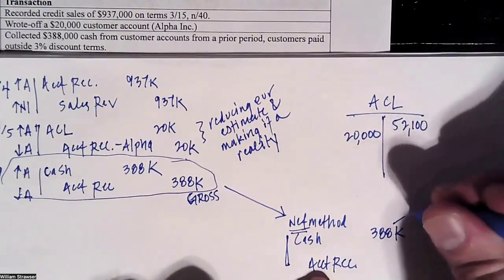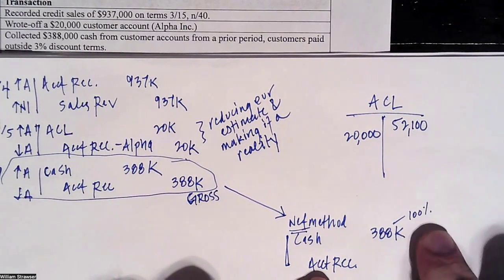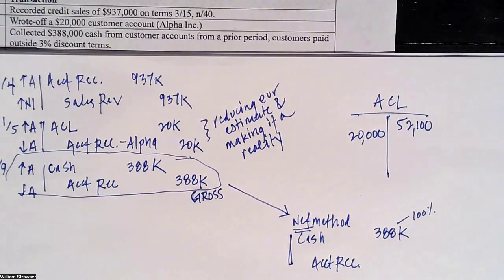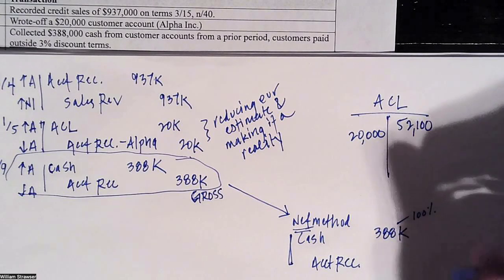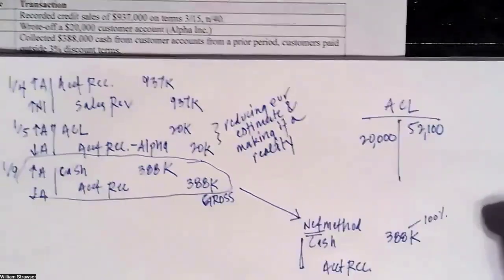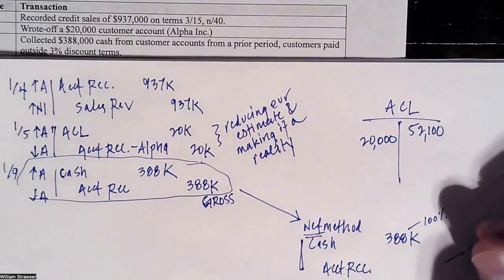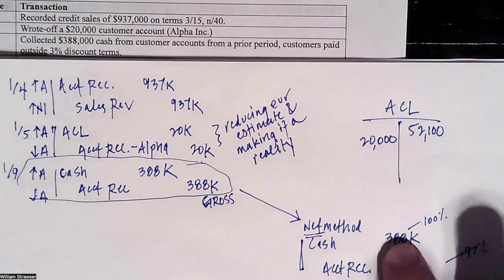So if this full price cash is 100%, then what would the receivables be net of discount? Well, in this case, they're net of a 3% discount. So the receivables should be valued at 97% of that full price.